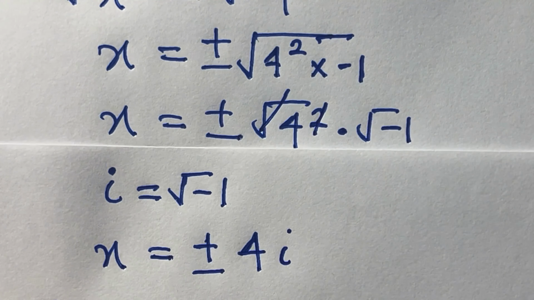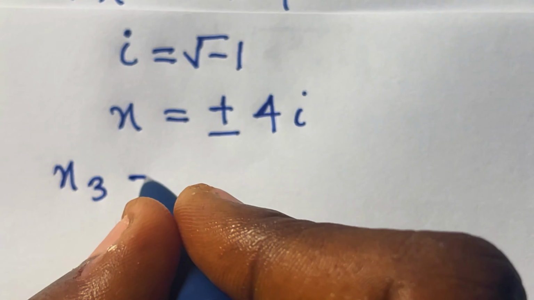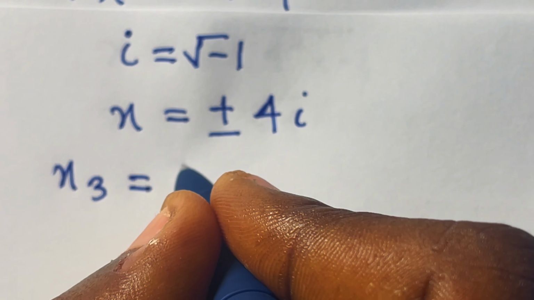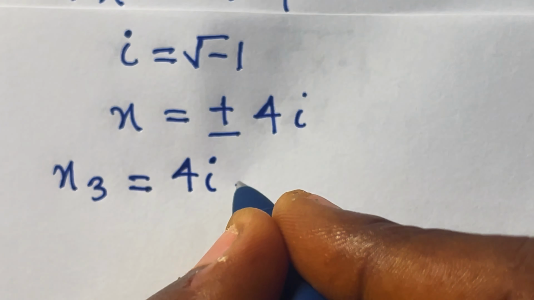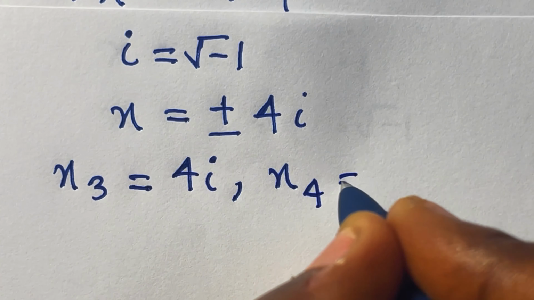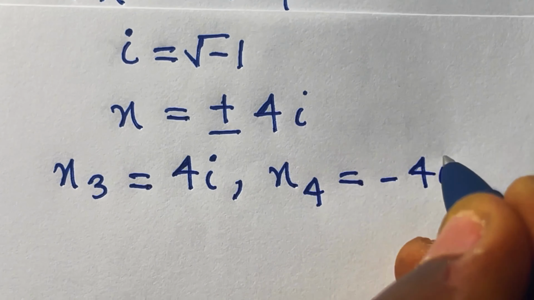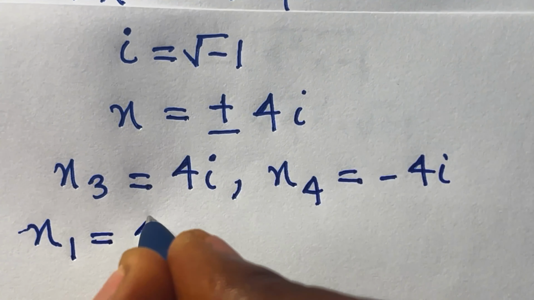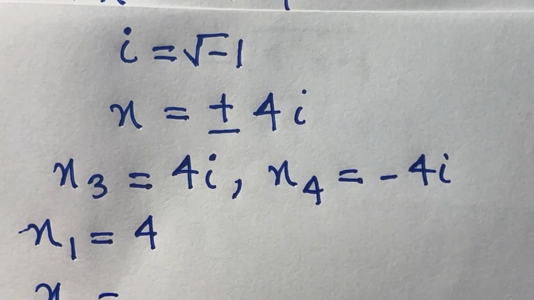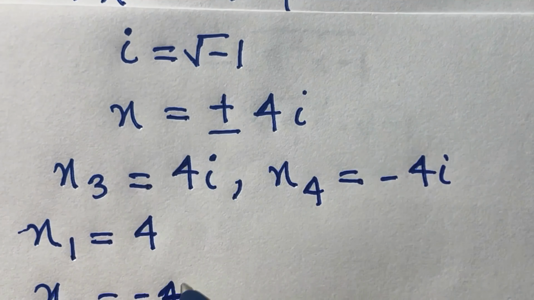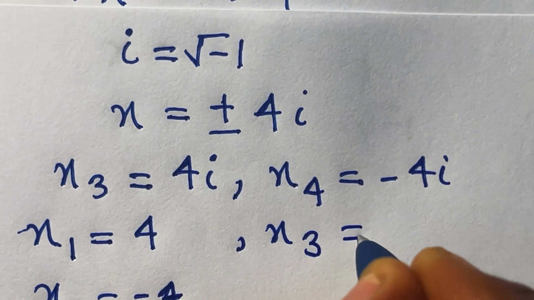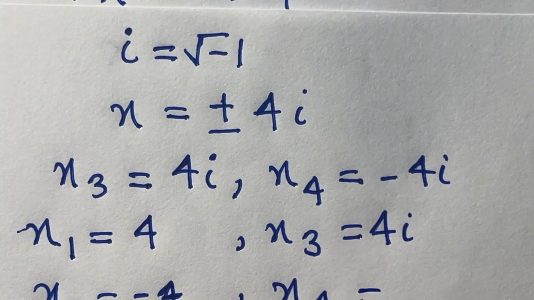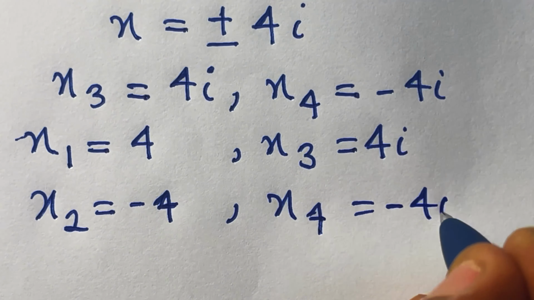So here we have our x3 equals 4i and our x4 equals minus 4i. Collecting all solutions together, we have x1 equals 4 and x2 equals minus 4, and x3 equals 4i and x4 equals minus 4i.